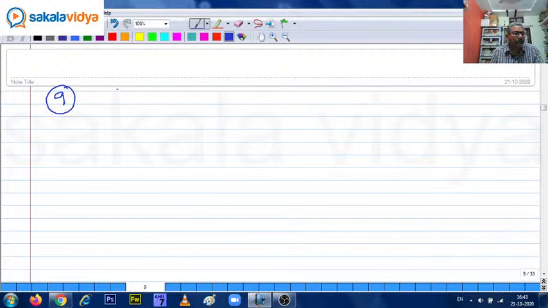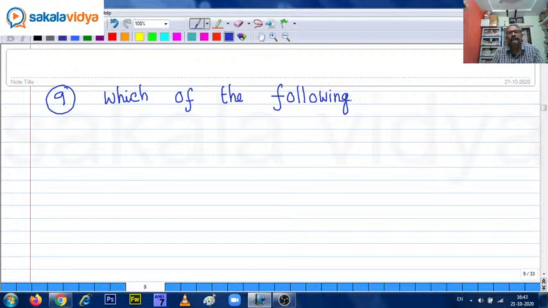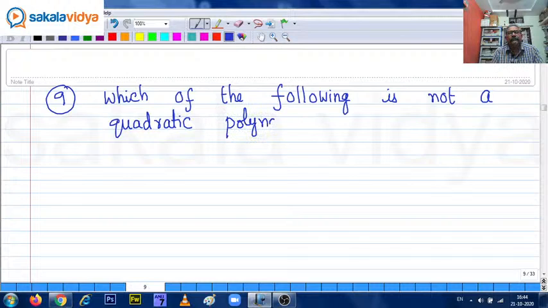Next, 9th one. Which of the following is not a quadratic polynomial? A, x square plus 5x plus 6.